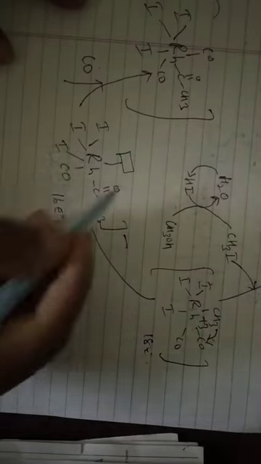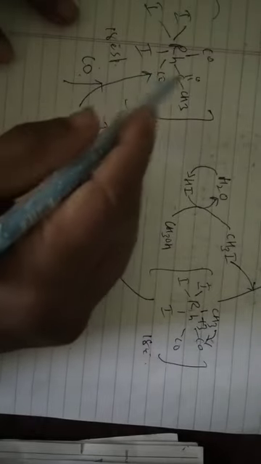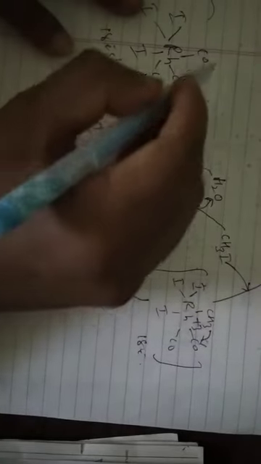So I and I are there, and I am going to get this complex, again an 18 electron species. From the 16 electron species, I get the 18 electron species with addition of carbon monoxide, and finally I am going to get back this catalyst.